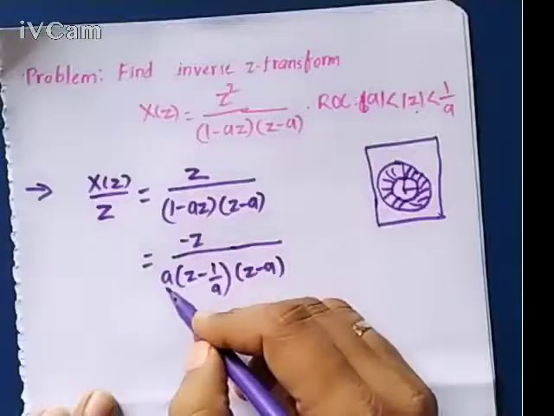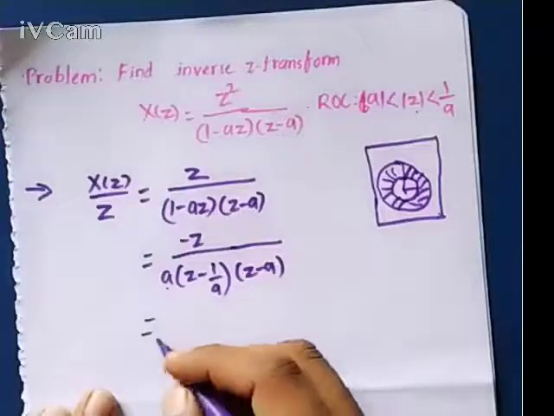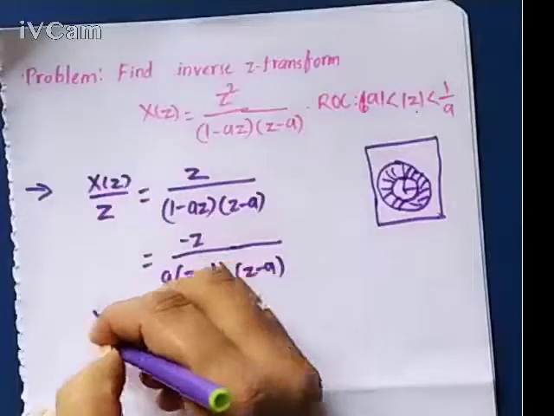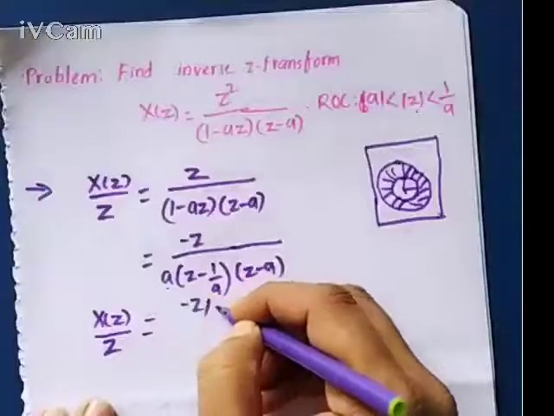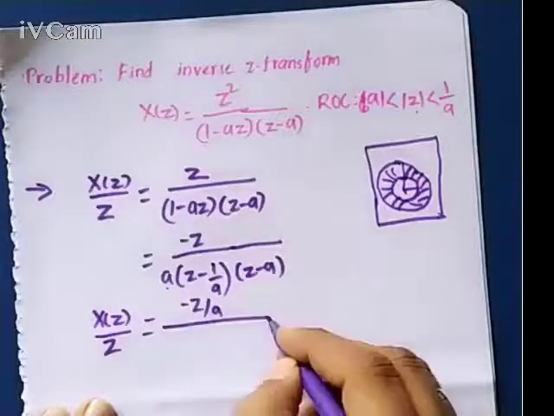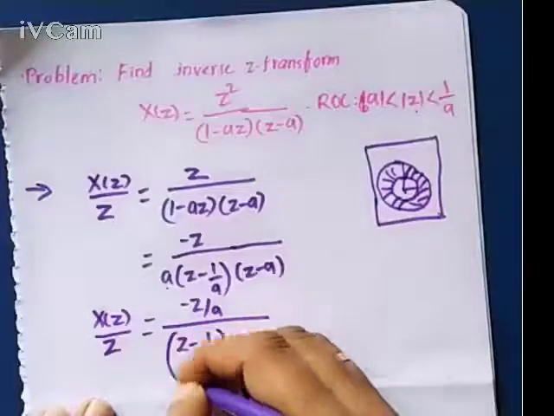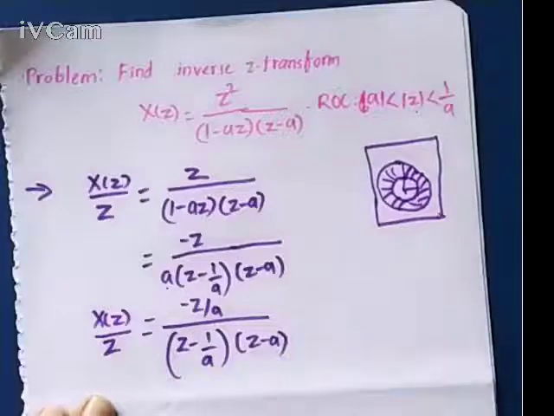Now I will take this a on the top side, and I will have the proper X of z by z representation, that is X of z by z equals minus z by a upon (z minus 1 by a), which is one pole, and (z minus a), which is the other pole.